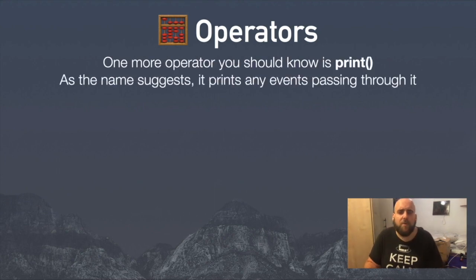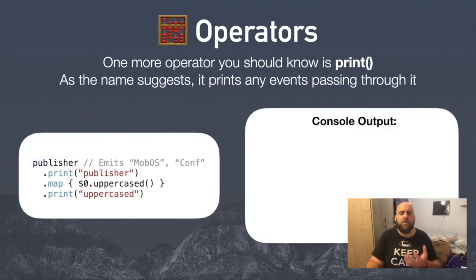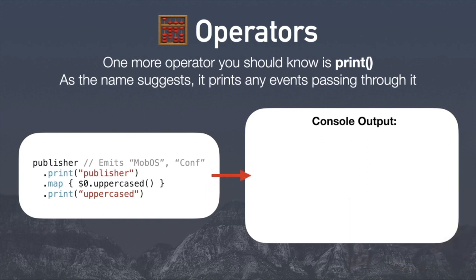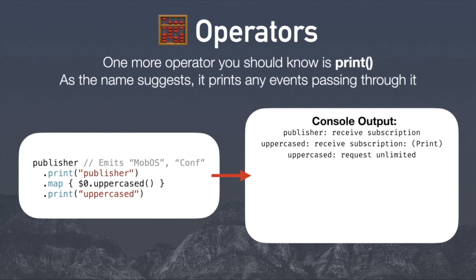Another really useful operator, especially for debugging, is called print. As the name suggests, it just prints out whatever passes through it. Here we have 2 strings, mobus and conf. The first print is before the uppercase, and the second print is after the uppercase. So here, for example, you'll see that we get a subscription for the first one, and then we have unlimited demand.